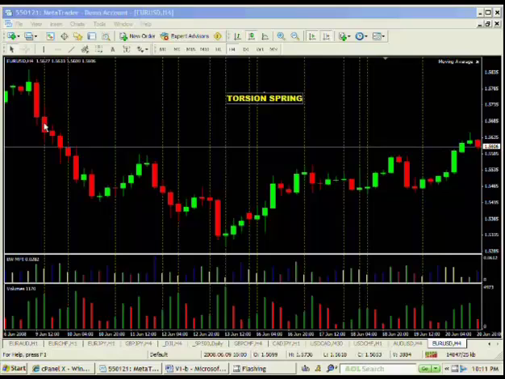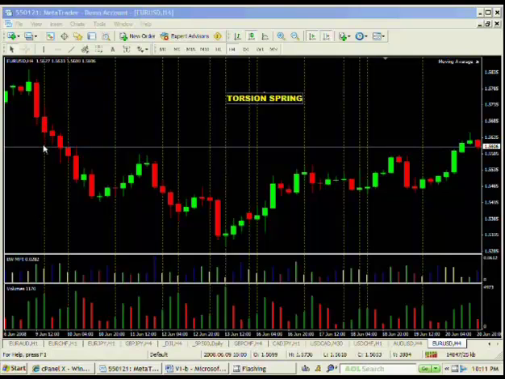And when we have a torsion bar, whichever way price springs out of, that is the release of that torsion or that spring tension, and price will usually continue in the direction of the release of the power of the tension in that bar.